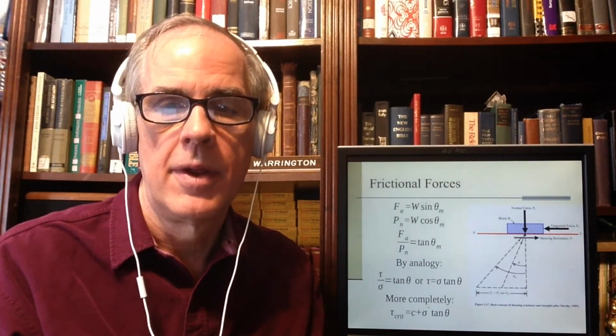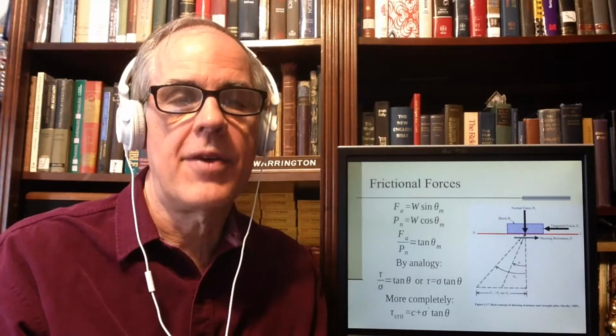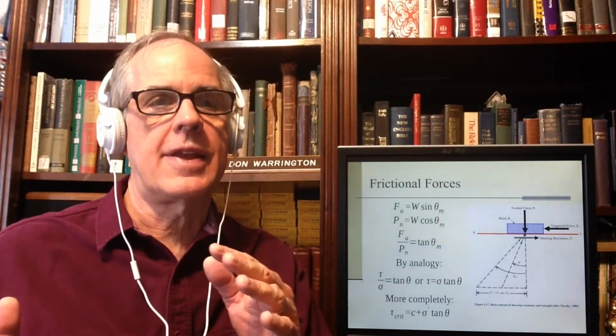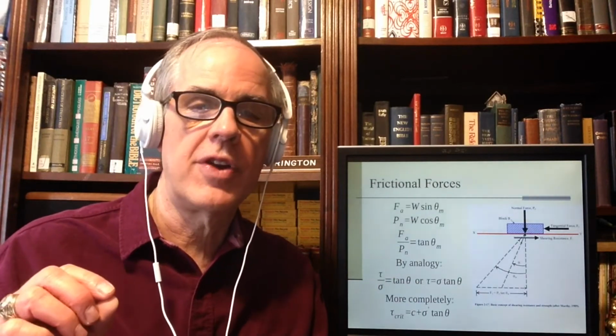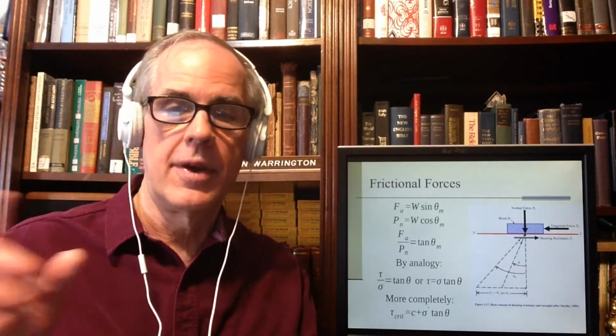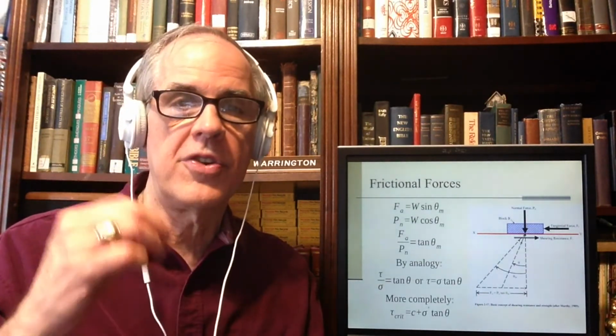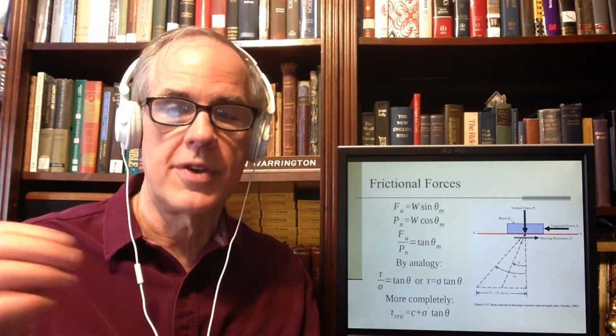That's a failure theory. Very simple one. Without going into the math that gets from point A to point B, if we apply this to soils, the shear stress over the normal stress is equal to the tangent of theta, or actually we usually call it phi, which we'll deal with later. So tau, the shear stress, is equal to the normal stress times the tangent of phi.